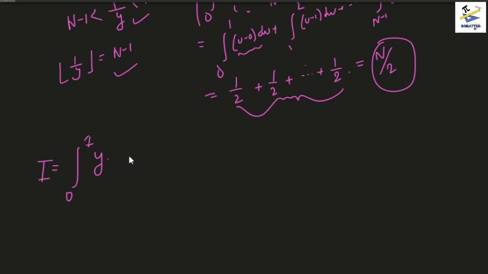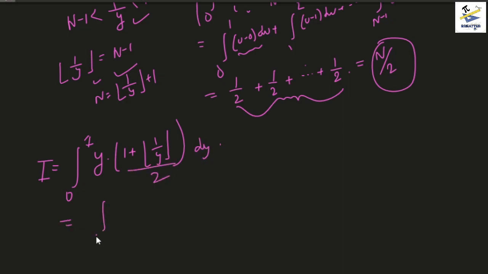y into 1 plus... as we understand this value is n by 2, and n here is basically box of 1 by y plus 1. So it's basically 1 plus box of 1 by y, by 2, dy, right?